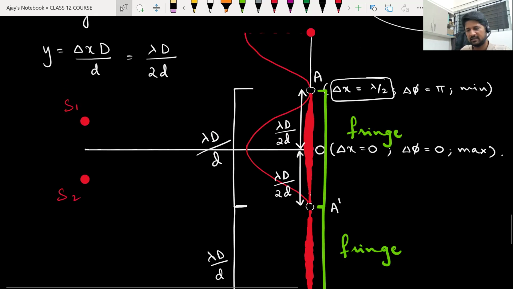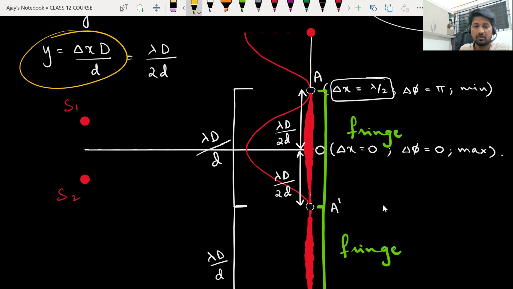And in the standard YDSE setup with a flat screen, you will see all fringes having the same width. And I told you there's an assumption also. How are you deriving this fringe width? Based on this formula for y coordinate, or this relation between y coordinate and path difference.